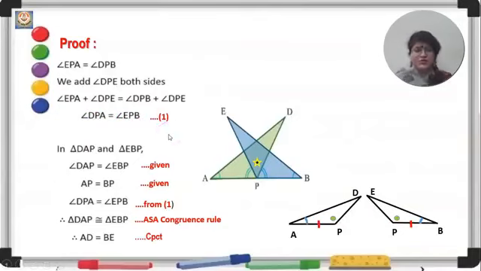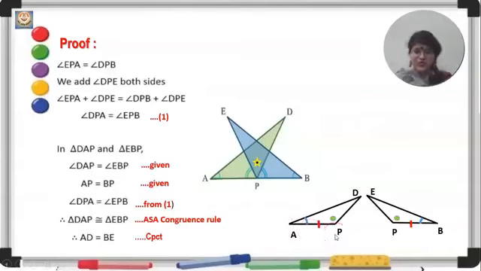Now, take the two triangles, that is triangle DPA and triangle EPB. You could also name the triangle like this. Write down the indications that have been shown to you. Angle DAP is congruent to angle EBP because it is given. They have given this angle is congruent to this. That is this congruent to this angle. So given. AP congruent to BP. Why? Because it is given.